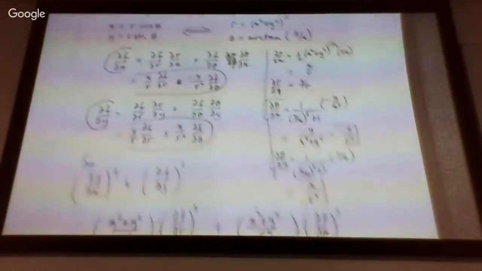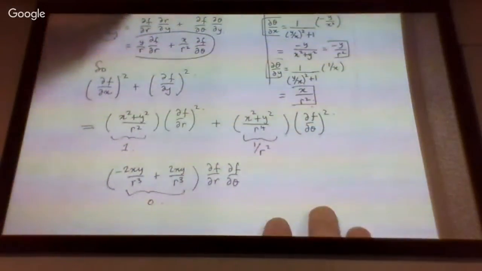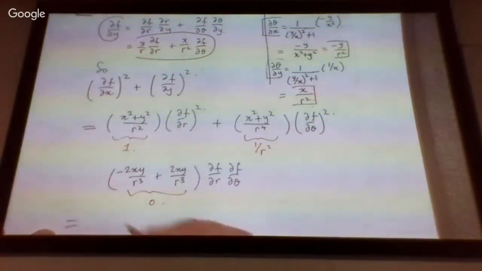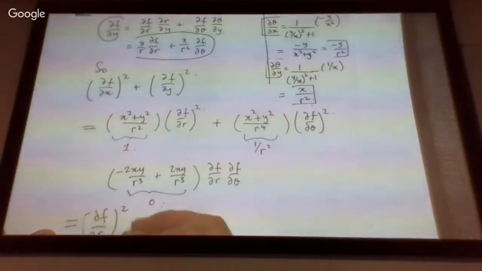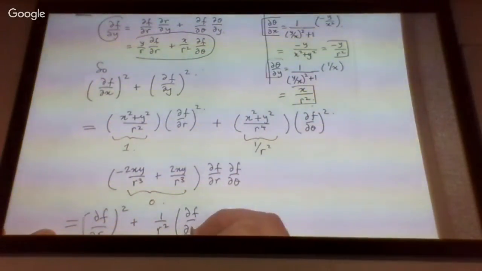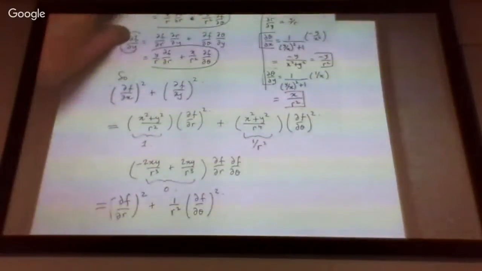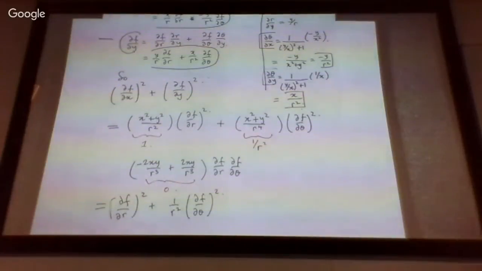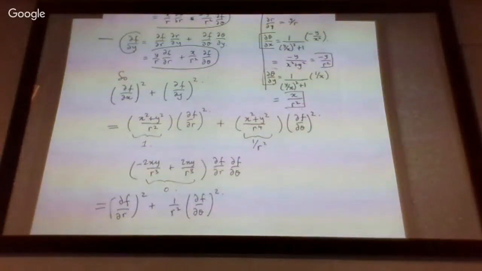Okay, so just carefully squaring both of these expressions and adding them together, this simplifies quite a lot. It's df dr, all of it squared, plus 1 over r squared times the square of df d theta. So this is the equivalent expression in polar coordinates for that original expression df dx all squared plus df dy all squared. Okay?